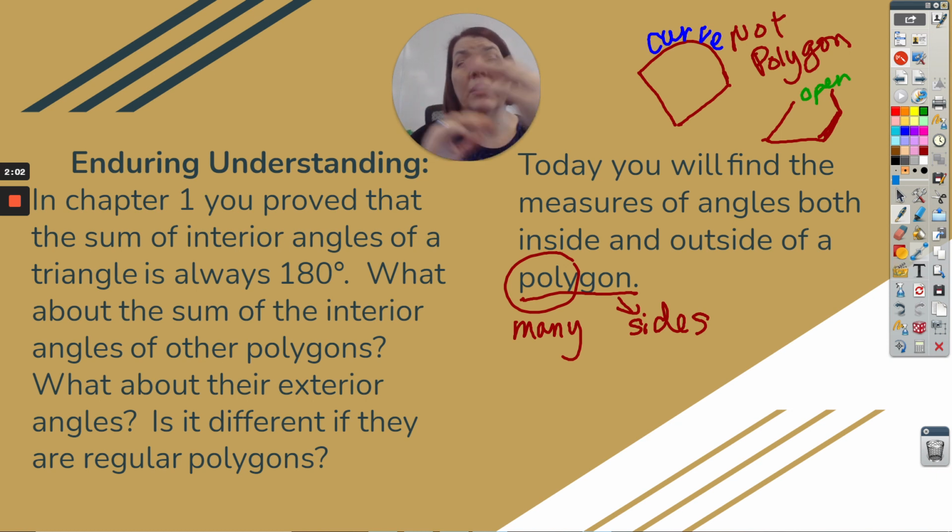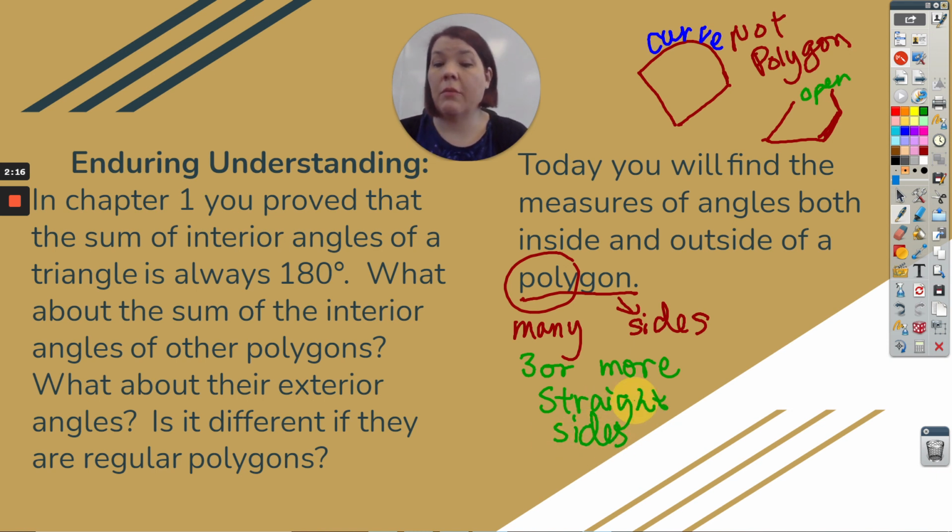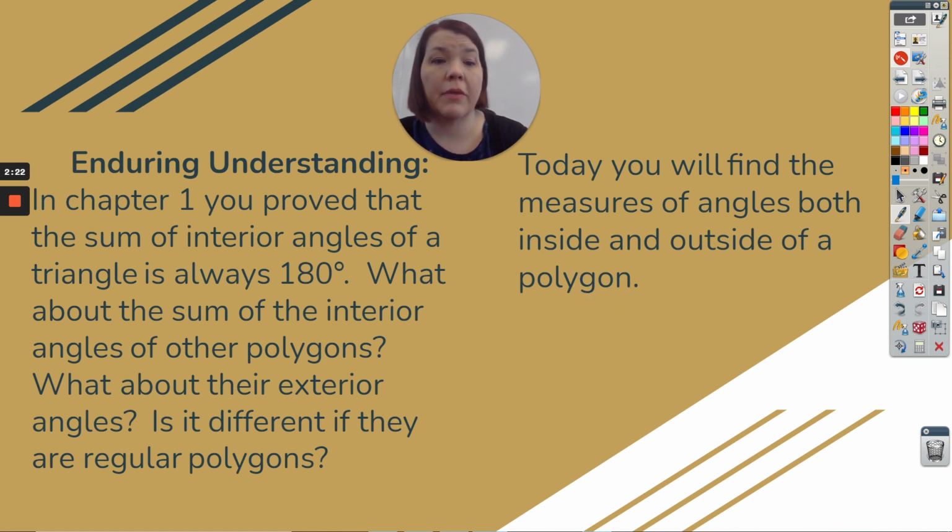So the straight sides, 3 or more, make something a polygon. So we're going to start with interior angles and what we know with triangles and see what we can come up with. So let's go ahead and do that.